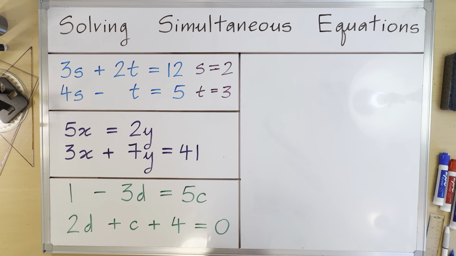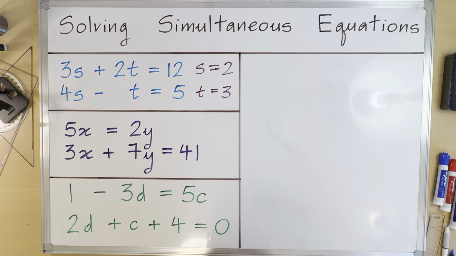Now, all we have to do in order to solve for y is to plug in 2 for the variable letter x in one of the equations. So 3 times x is equal to 3 times 2, which gives us 6, plus 7y is equal to 41. Now we want to isolate positive 7y.